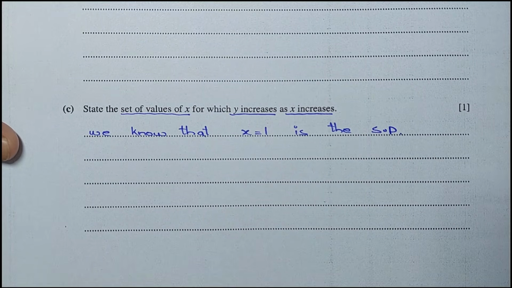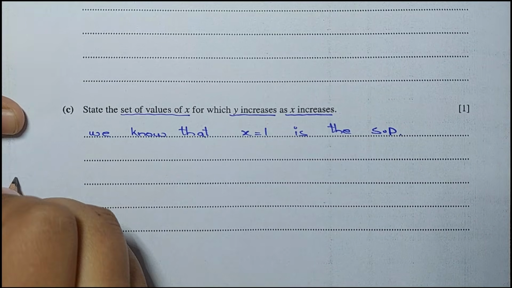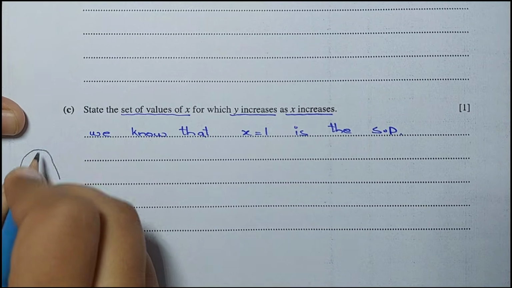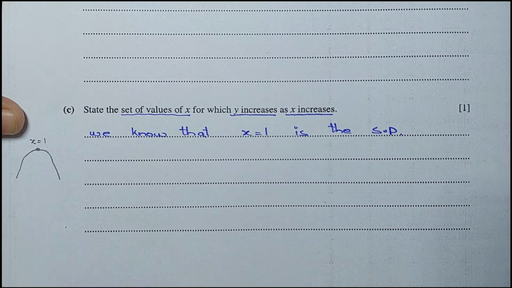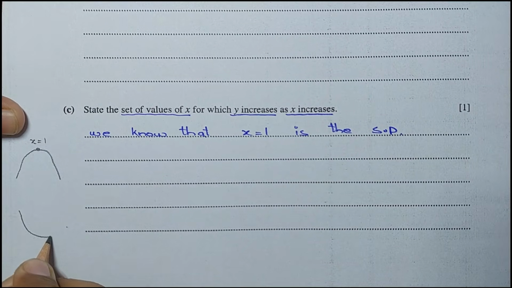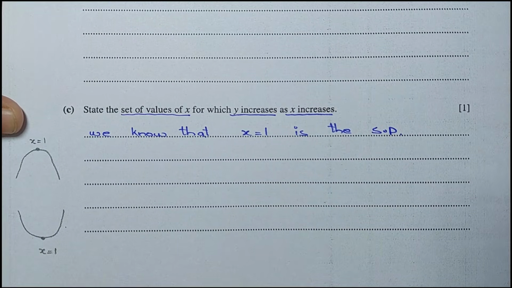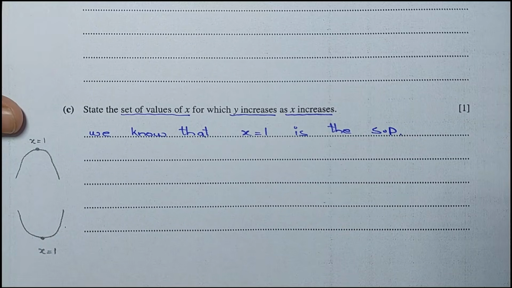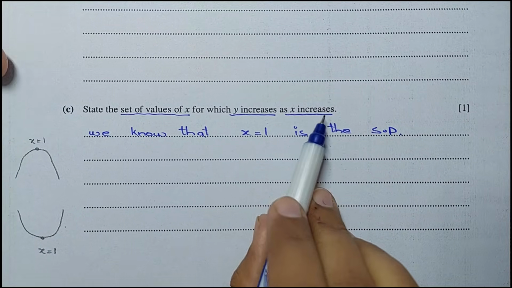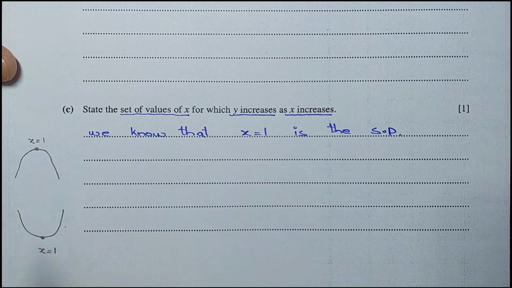If the stationary point is a maximum, then this is how the graph looks, at x equals 1. And if the stationary point is a minimum, this is how the graph looks, x equals 1, right? It says as x increases, means if you pick the values which are more than 1.